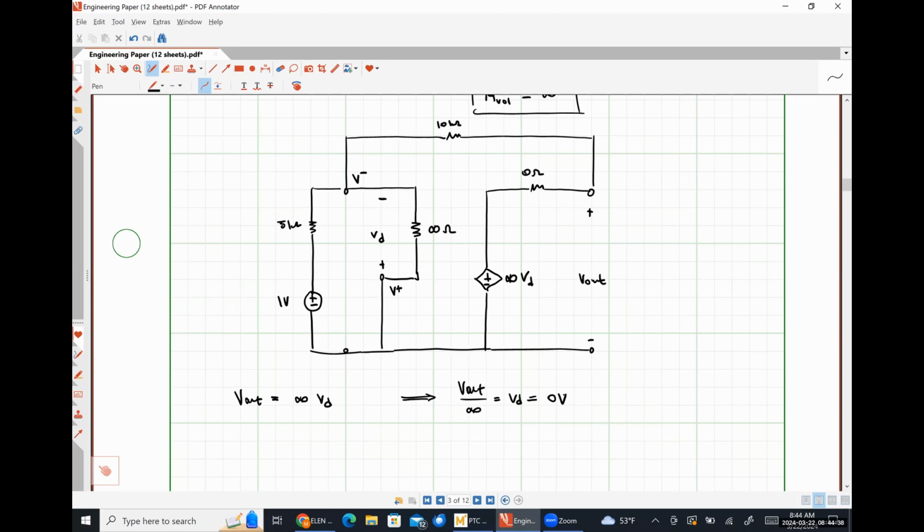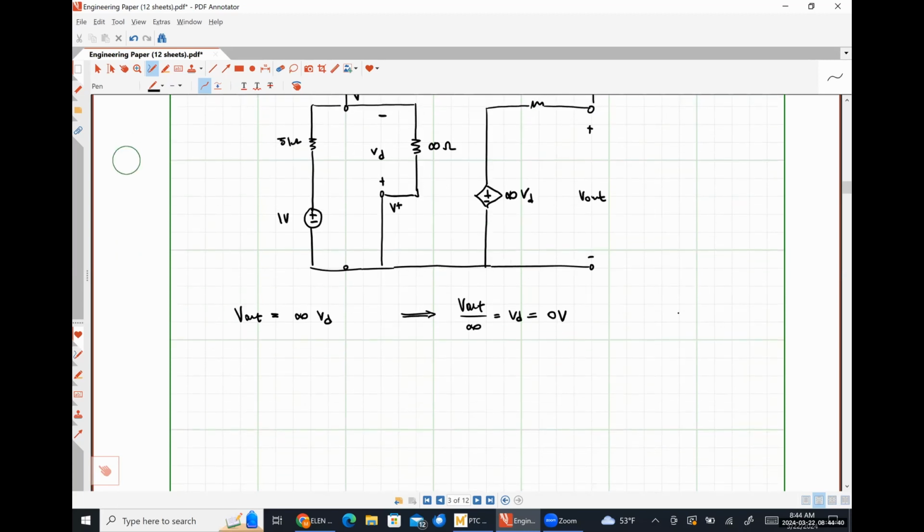What does that mean? Well, the voltage at our non-inverting input node must be equal to the voltage at our inverting input node. This is our voltage constraint equation, and it's also one of our ideal op-amp rules. There can be no potential difference between the voltage at the inverting input terminal and the voltage at the non-inverting input terminal. That's literally where it comes from.